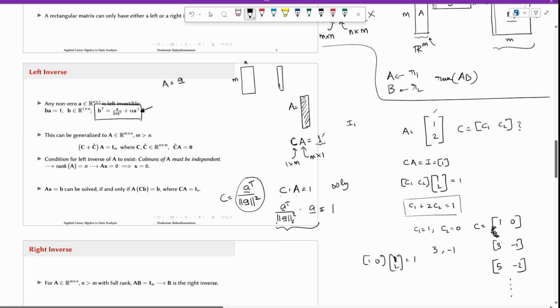For example, let's say this vector B is perpendicular to A. That means if you take the transpose of B times A, this will be equal to 0.